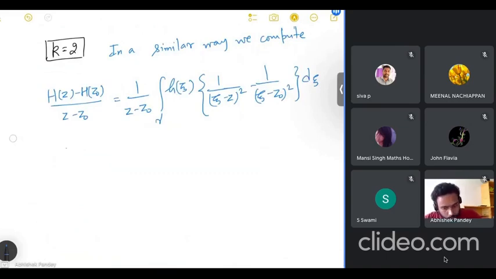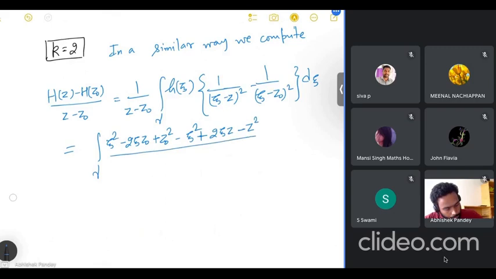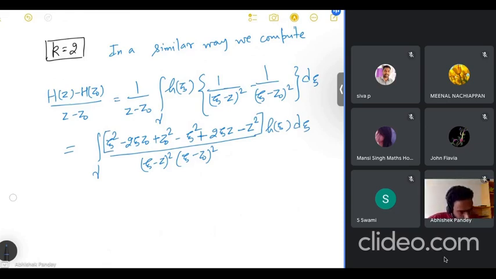Okay, and this we will get as the integral over gamma of xi square minus 2 xi z naught plus z naught square minus xi square plus 2 xi z minus z square, upon (xi minus z) square times (xi minus z naught) square, d xi. So I hope this one is okay.